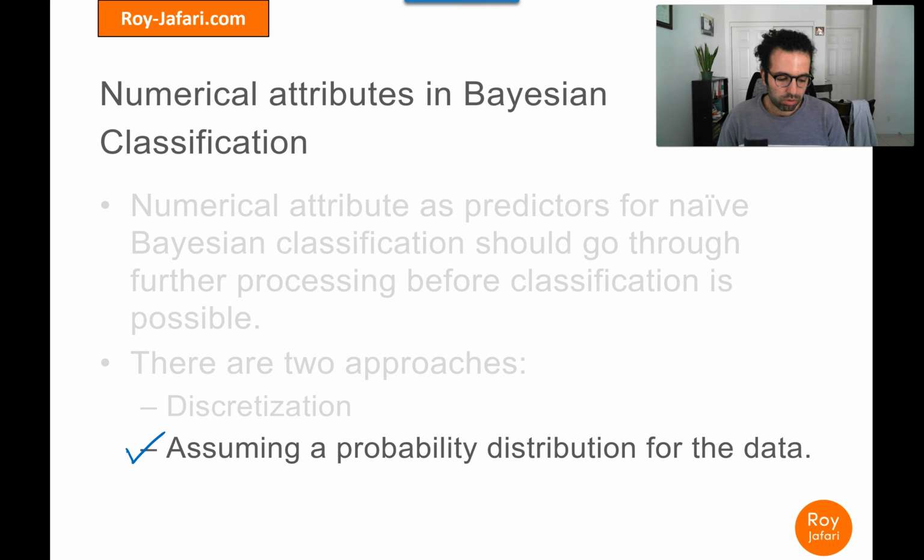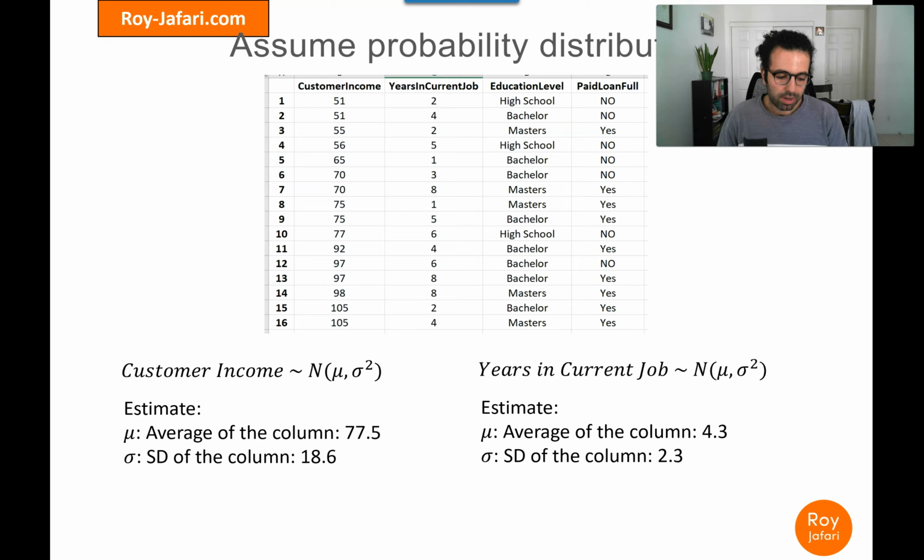When we want to assume a probability distribution for the data, we basically have to look at the numerical data, look at its histogram, and say what type of distribution would fit the data better. Let's assume we're going to use Gaussian, like normal distribution.